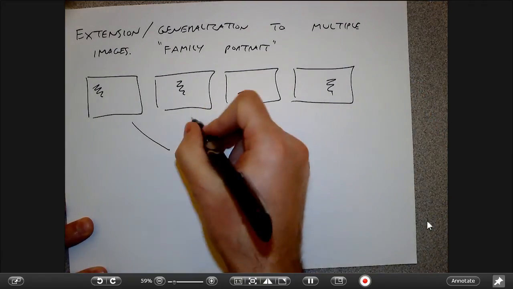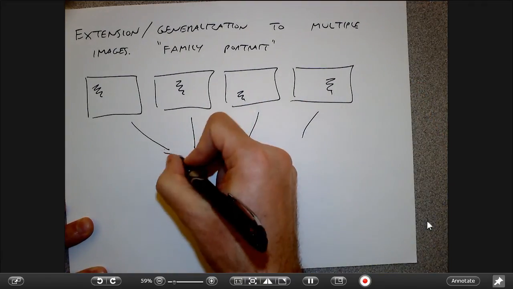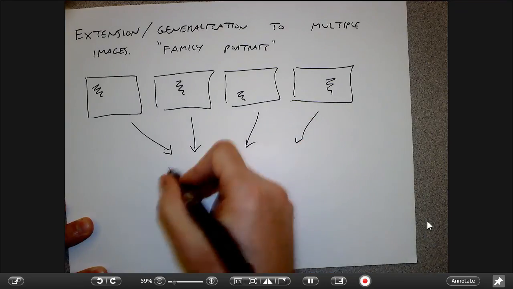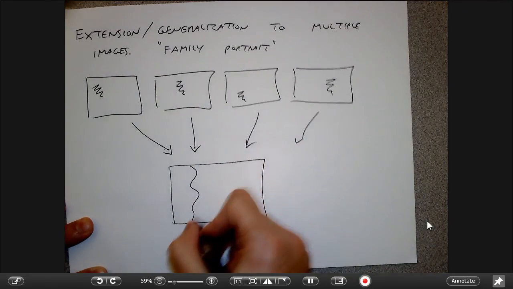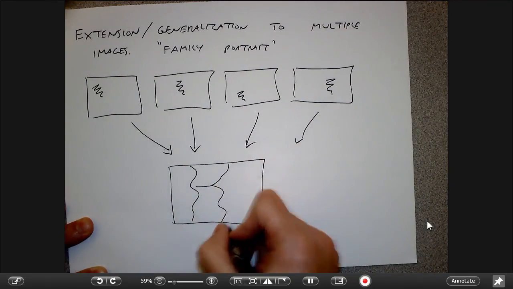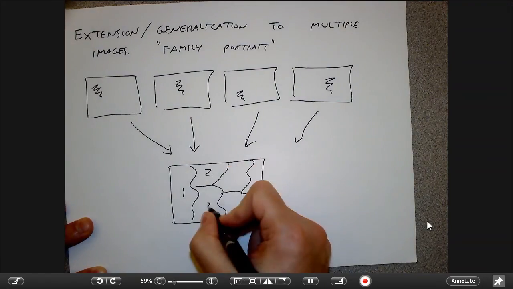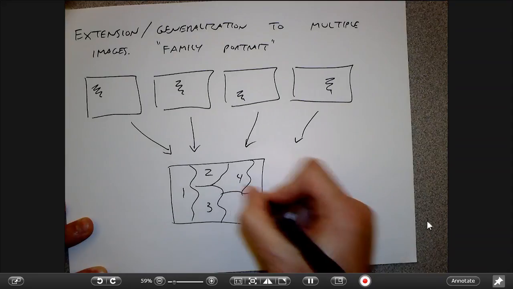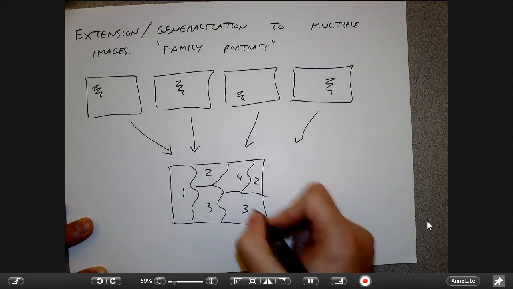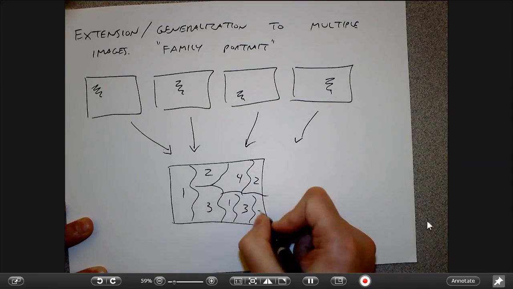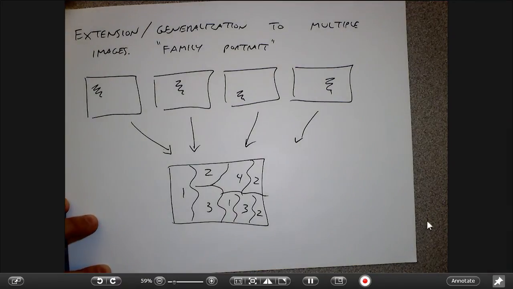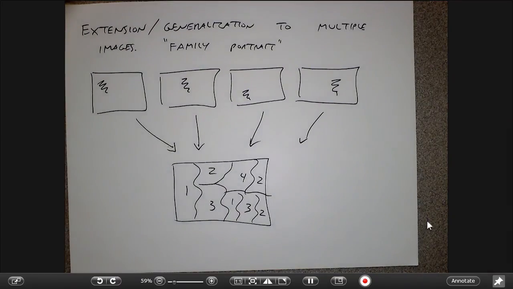Then these all go into some algorithm, and the result is something where I have multiple seams. You might imagine it looks like some kind of paint by numbers thing where, in different regions of the image, I'm taking different pixels, right? So the good news is that this can be done. The bad news is that it can't quite be done directly with graph cuts in the same way.